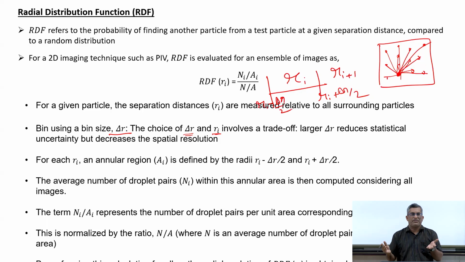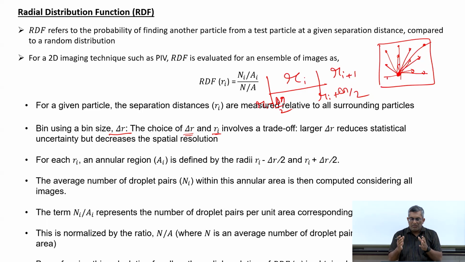You could understand? So, this is how you define the bin, as we have done in the case of particle size distribution, if you remember. So, you bin them basically. So, now you know in each bin how many particles are there.